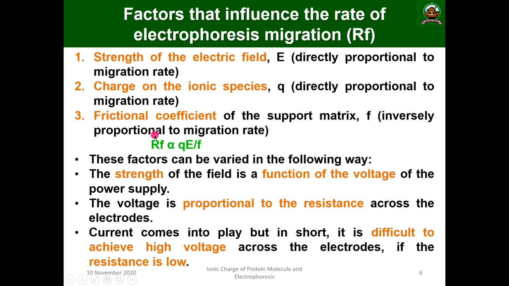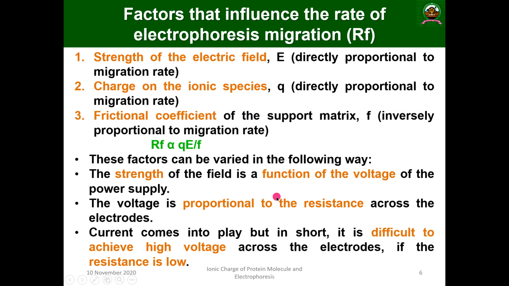So we have an equation: RF is directly proportional to QE by F, where RF is the migration rate, Q is the charge, E is the electric field, and F is the frictional coefficient. And these factors can be varied in the following way.